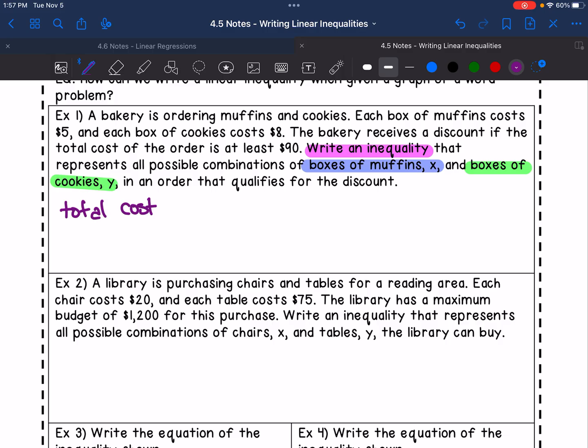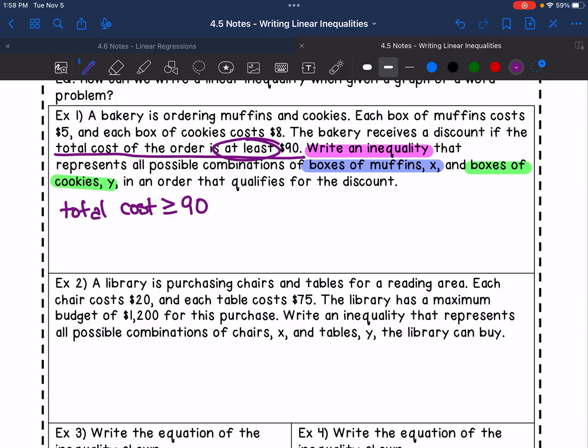And if I look back earlier in the problem, it says the total cost of the order is at least 90. So that means I need to be greater than or equal to 90, because 90 is my minimum. I want to go over that in order to get the discount. So now we're going to look at how we can find that total cost.